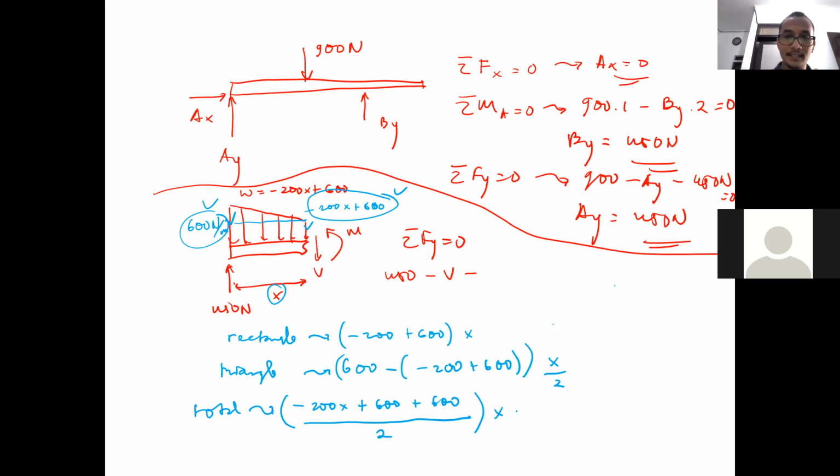Okay, what I did here is to find the average value between the left edge and the right edge because it's linear. 600 plus minus 200x plus 600, divided by 2. That's the average of both, and multiply it by x, and that's what you get for the total area.